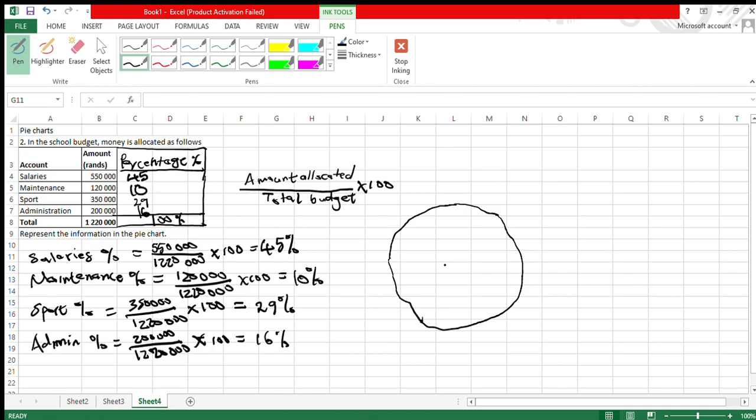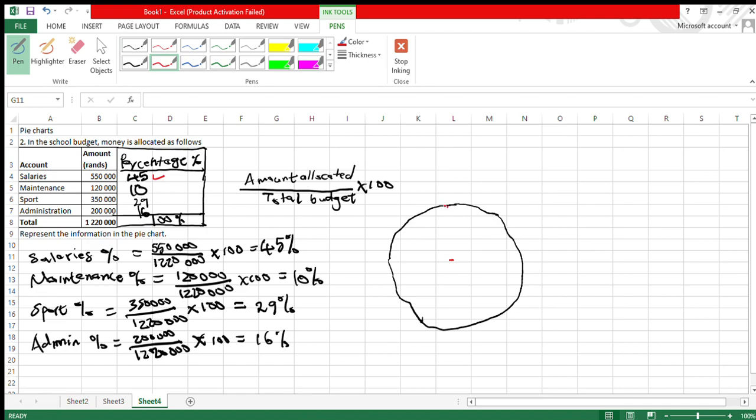Now let's choose a different color for dividing the pie. Let's choose red. The biggest percentage is 45%, so 45% will receive a bigger chunk.